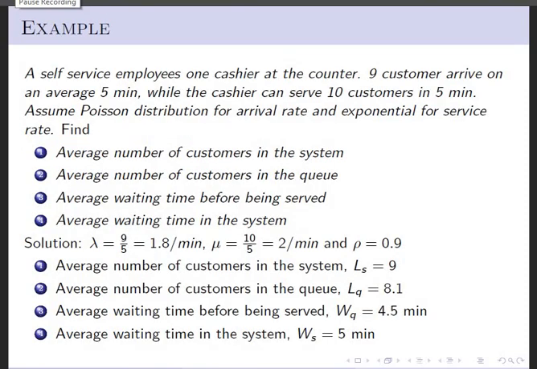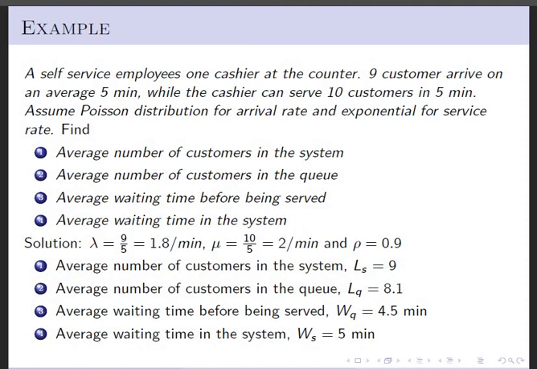Consider a store with one counter, with a customer arrival rate of 9 per 5 minutes and a service rate of 10 per 5 minutes. Assume that the arrival rate is Poisson distributed and the service rate is exponential. Here, lambda is 1.8 per minute, mu is 2 per minute, and rho is 0.9.